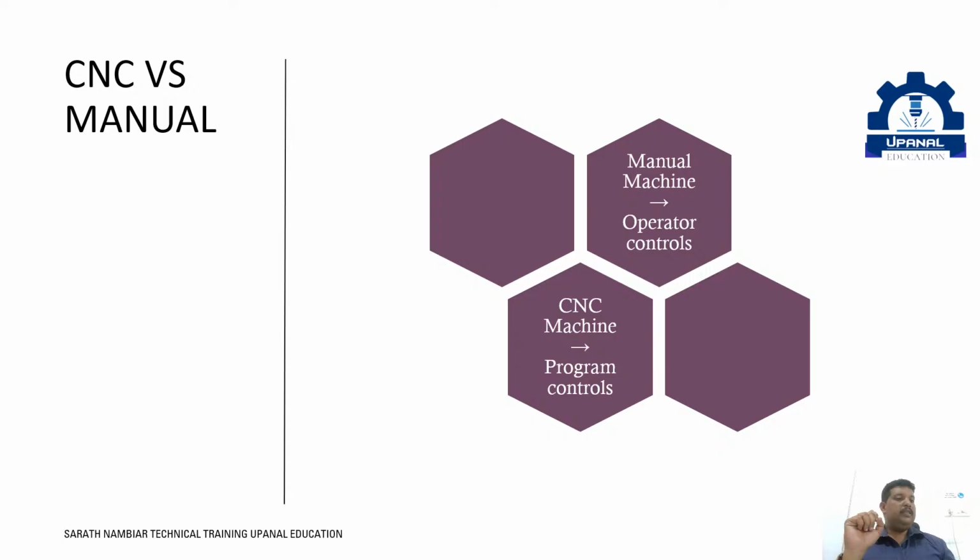Once the program is written correctly, the machine will repeat the same job again and again with high accuracy. This is the biggest difference between CNC and manual. So in CNC, your skill is not just operating the machine, your skill is in understanding the program. That is why learning program structure is very important.